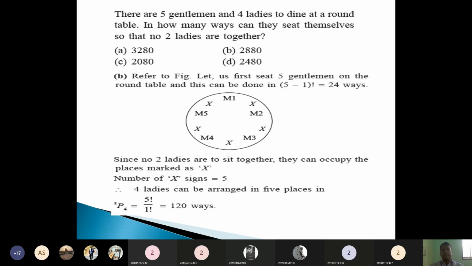There are 5 gentlemen and 4 ladies to dine at a round table. In how many ways can they seat themselves so that no 2 ladies are together? No 2 ladies are together. So, as in the drawing given, without any restriction, if they are arranged at the circular table, the total number of persons is 5 plus 4.